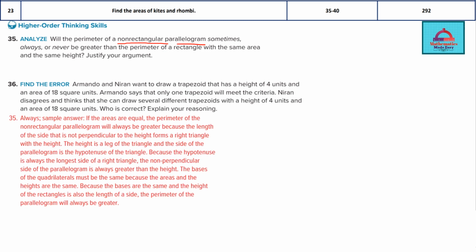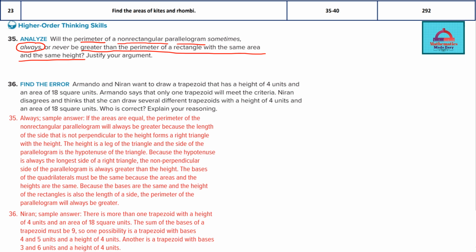So the correct answer is that it is going to be always greater. So the perimeter of this non-rectangular parallelogram is always going to be greater than the perimeter of the rectangle with the same area and the same height. And the reason is, if the areas are equal, the perimeter of the non-rectangular parallelogram will always be greater, because the length of the side that is not perpendicular to the height forms a right angle with the height.